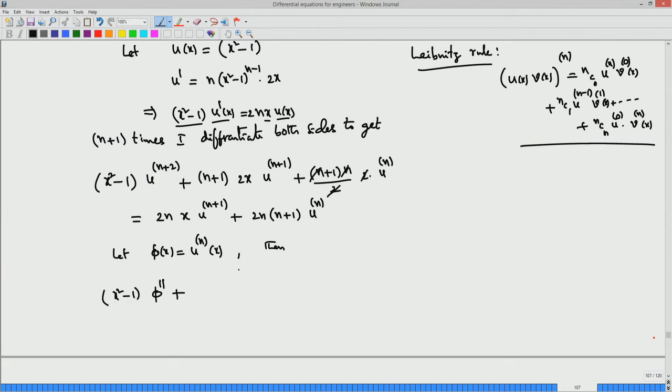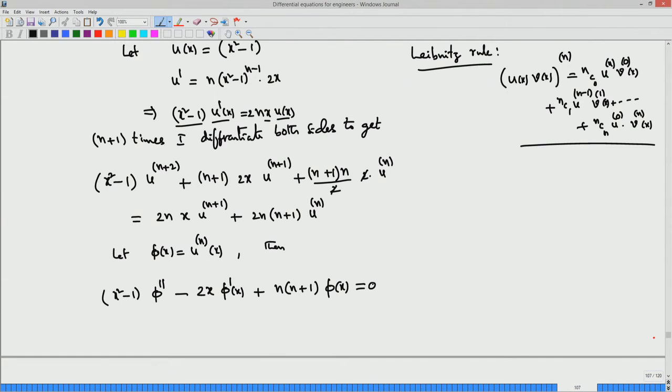What you get is minus 2x φ'(x) plus n(n+1) φ(x), equal to 0.